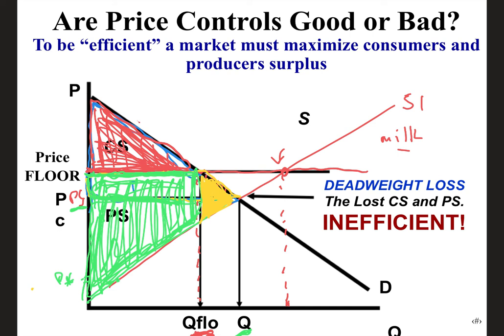This yellow is basically suggesting that the transactions between the quantity of the floor and the quantity that was allocatively efficient no longer happen in this market. Once the price went up, the quantity demanded dropped off. The quantity transacted in the market earns producer and consumer surplus, but the transactions that don't happen in the market, that's going to equate to dead weight loss.